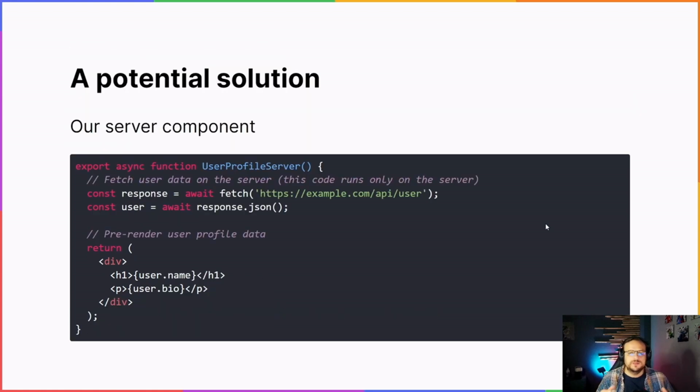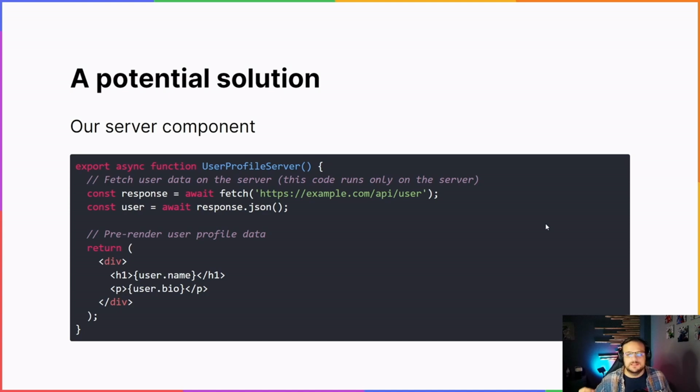One potential solution would be to split that client component into two, a server component and a dynamic client component. The server component is in charge of data fetching. In this case, I'm simply putting a URL there, but I could be performing a database query, for example. The point is that this component is pre-rendered the first time it gets fetched.